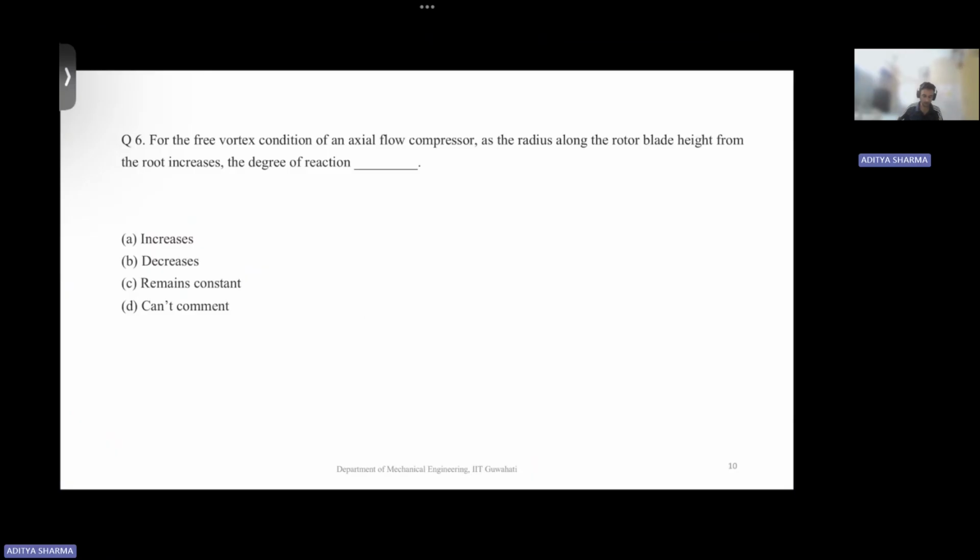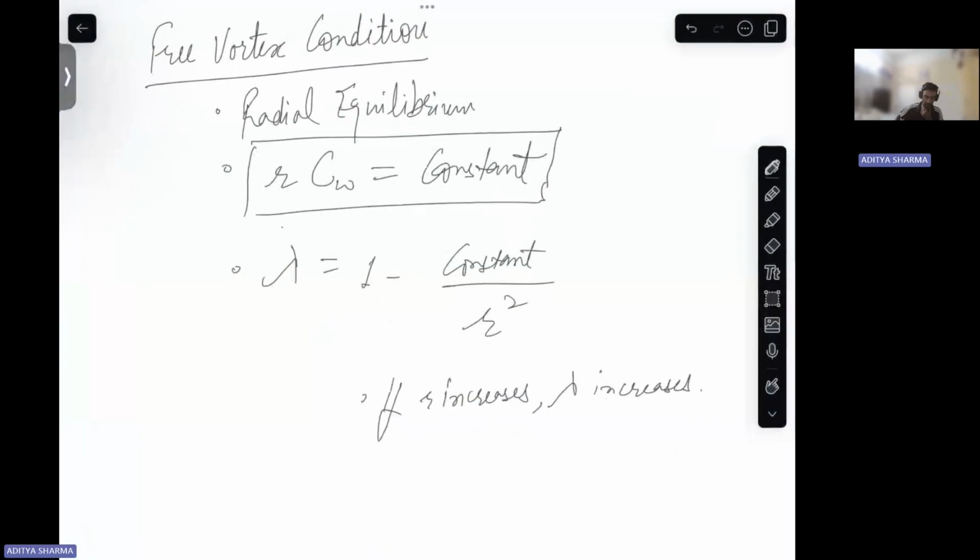For the free vortex condition of an axial flow compressor, as the radius along the rotor blade height from the root increases, basically, the degree of reaction, let's just discuss this.